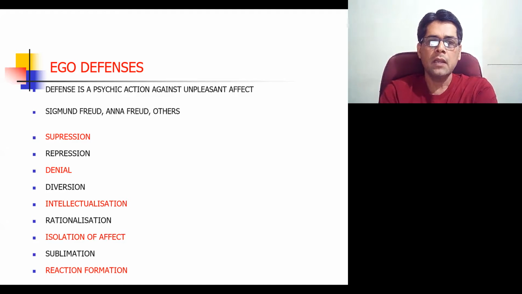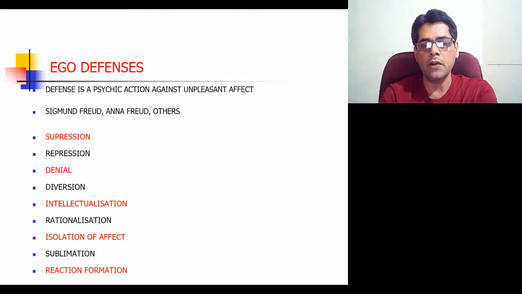Similarly, the defenses can be used consciously by the conscious mind, or in the unconscious mind, where we are unaware that these defenses are being used. It's only when we focus upon, analyze, and are lucky enough to decode what is happening that we can make out which defenses are being used.